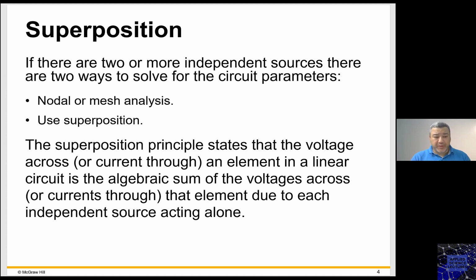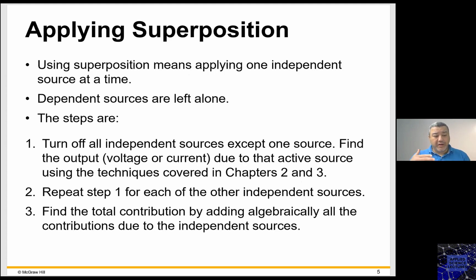This is only for independent sources. What about the dependent sources? We leave them intact. We don't do anything to them because they depend on a variable in the circuit, and this variable is going to be based on each independent source.